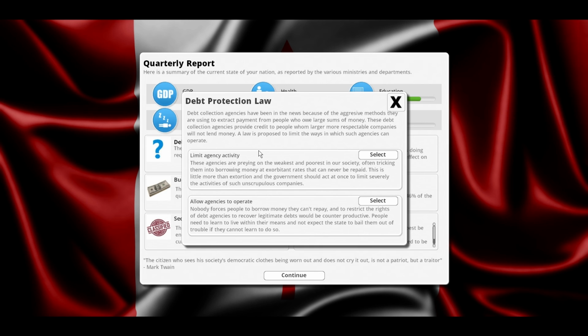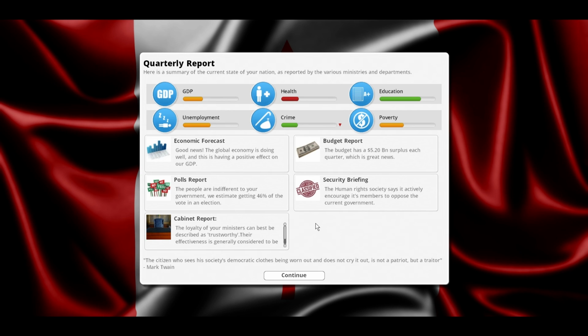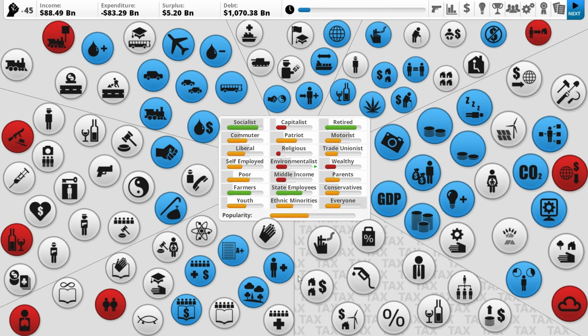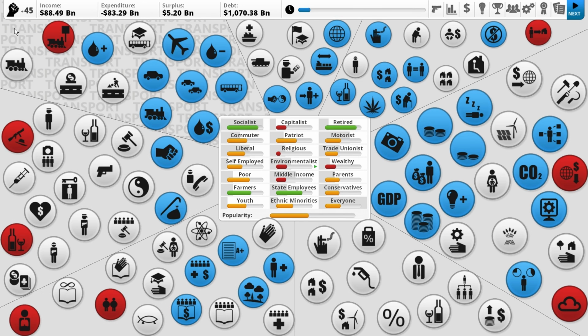I can basically make a law saying that they can't trick them into borrowing more money than they can do, or I can allow them to carry on. So to protect my people, I am going to put in a law to affect how much they can harass people. Now I got 45 political capital, and I have a bit more of a surplus. That's good.